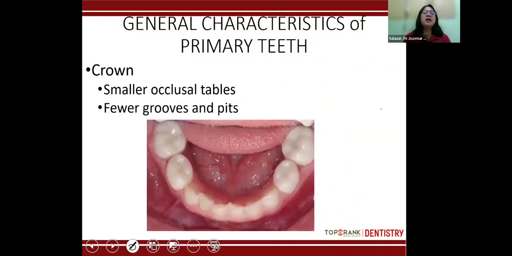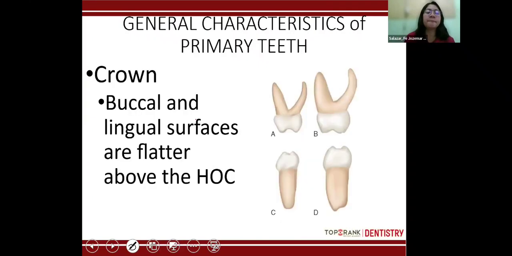Okay? Yan. They have smaller occlusal tables. And they have fewer grooves and pits. Kaya nga we seldom do pit and fissure sealants on primary teeth. Okay? We do pit and fissure sealants on permanent kasi fewer yung grooves and pits nila.